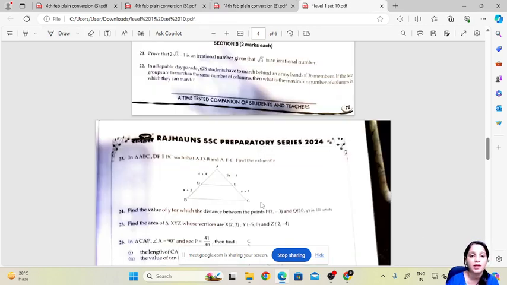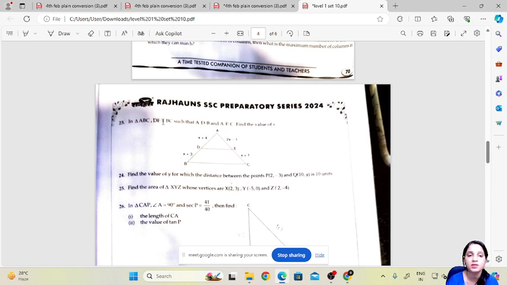Okay, then next is in triangle ABC, DE is parallel to BC such that AD upon DB and AE upon EC are given, find the value of x. So here, what do we know when the two lines DE and BC are parallel? We can write AD upon DB equal to AE upon EC by BPT, the basic proportionality theorem.